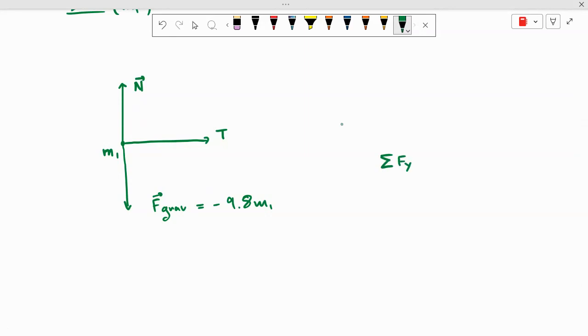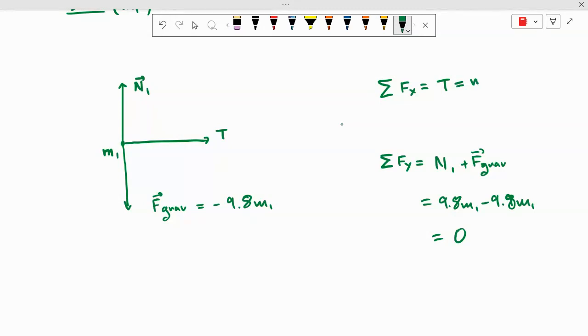We have the sum of all forces in the y direction equals N1 plus F grav, but we also have the forces in the x direction equal T, which also equals M1 times A1 in the x direction.